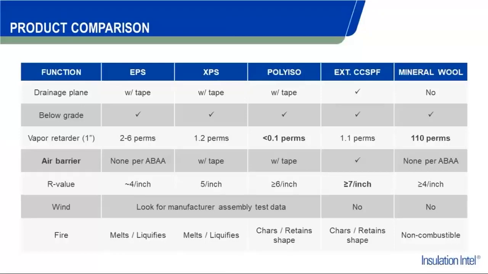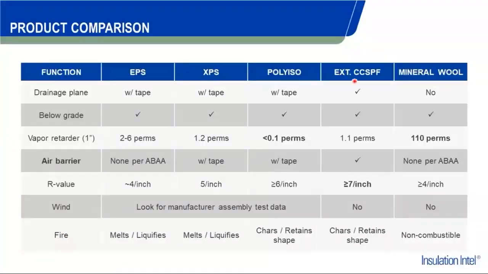So just as a comparison, when it comes to the materials themselves, some different materials will yield different results, but when it comes to satisfying drainage planes, as you can see, EPS and XPS are the polystyrenes, the polyiso is here in the center.